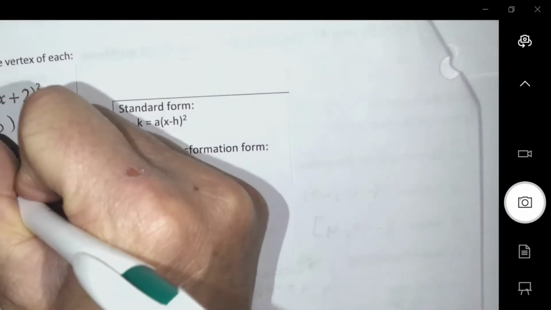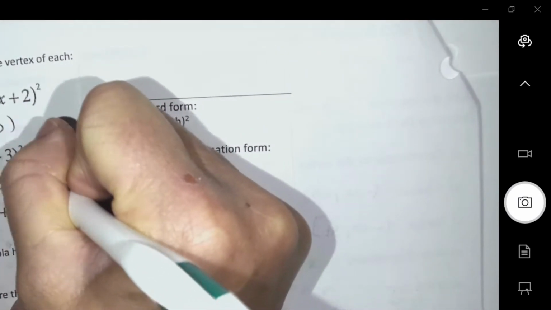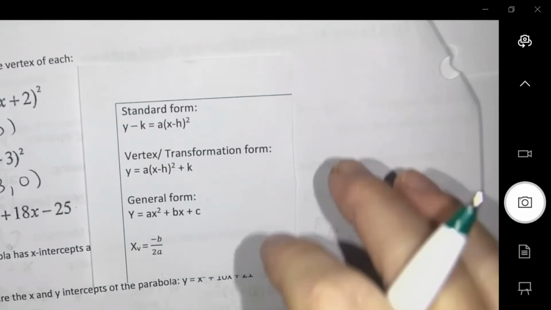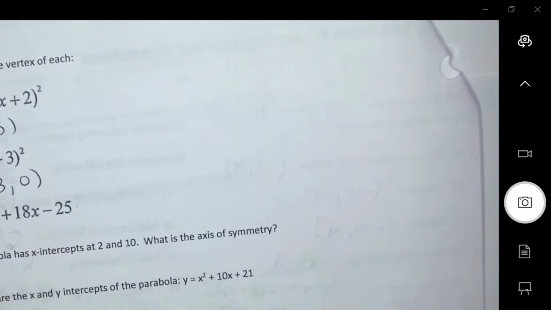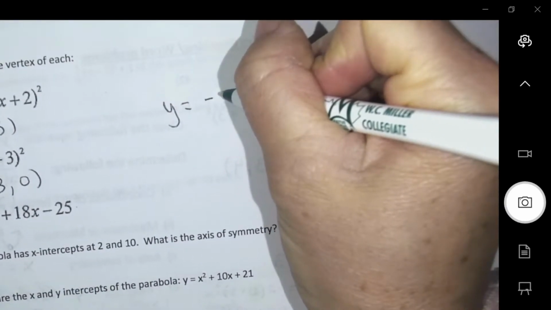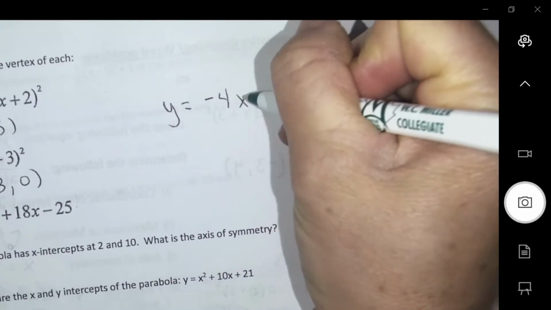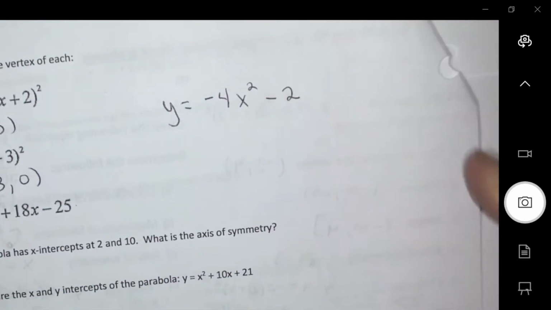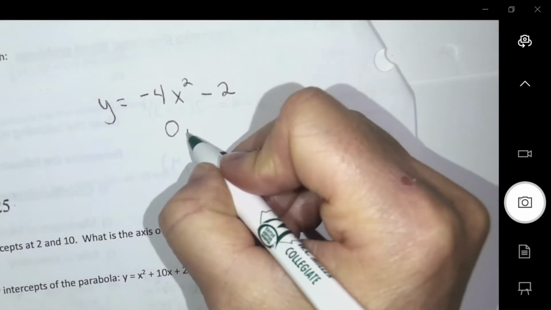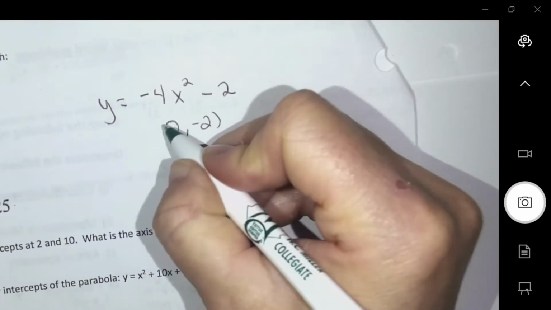So did you write opposite with the 3? But then there's no separate number. So I'm going to give you an extra question here. What's the vertex of that then? 0, -2.